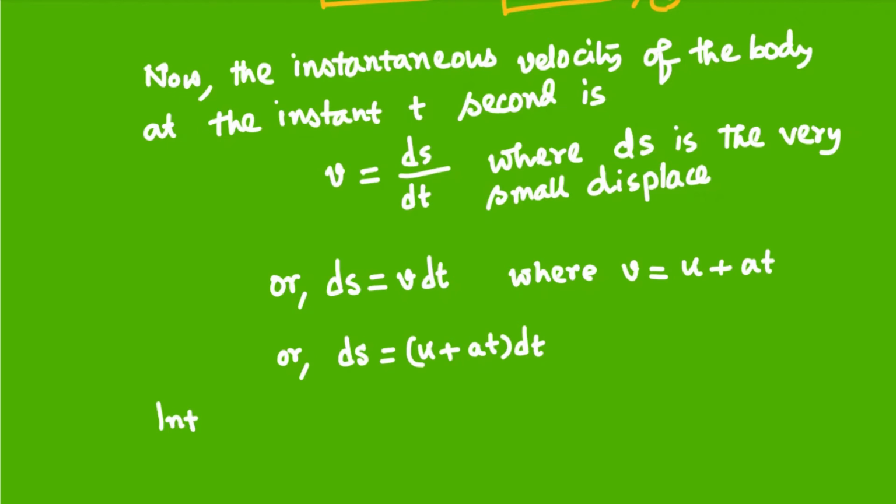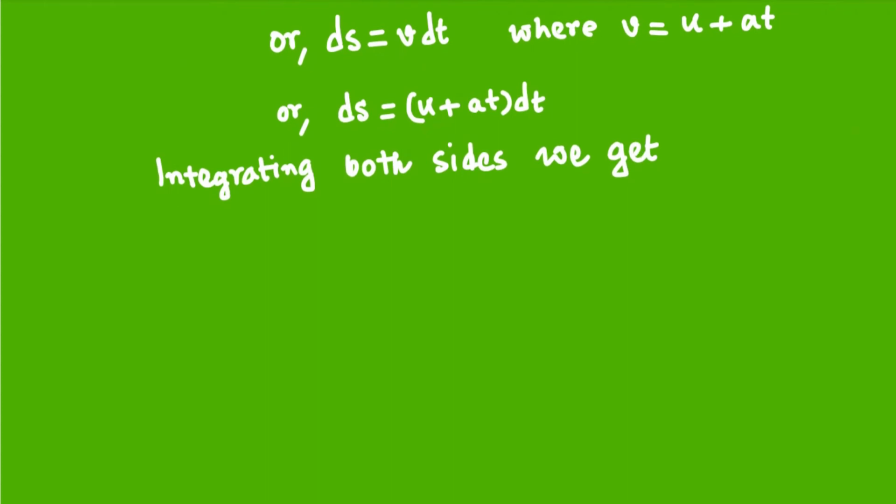Integrating both sides, we get integration ds equal to integration (u plus at) dt.